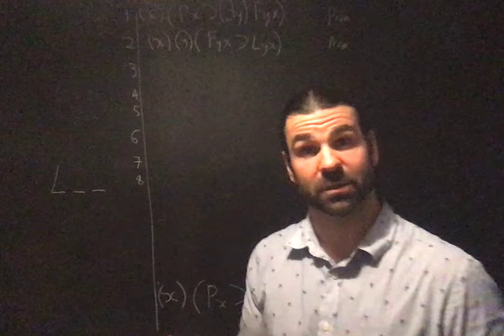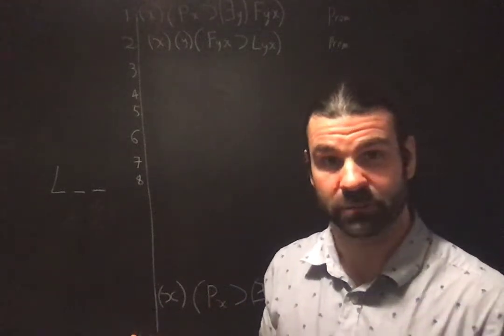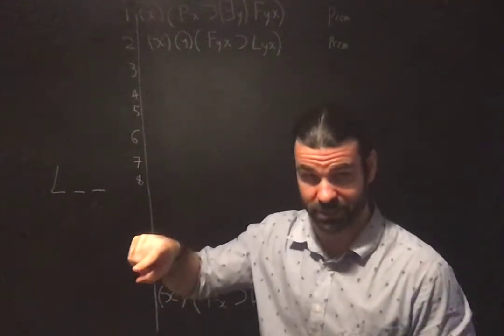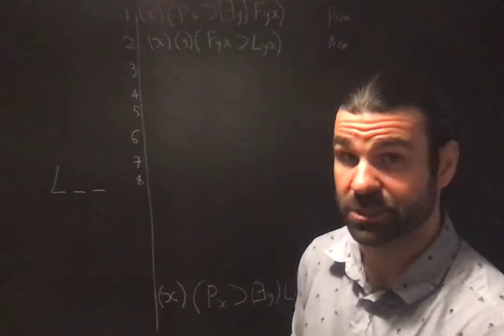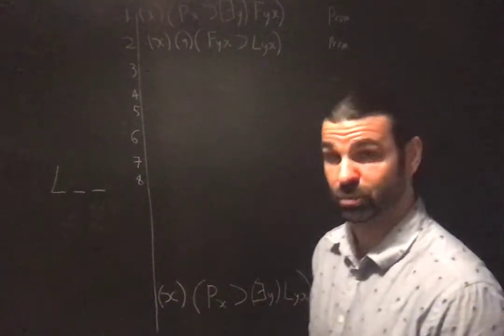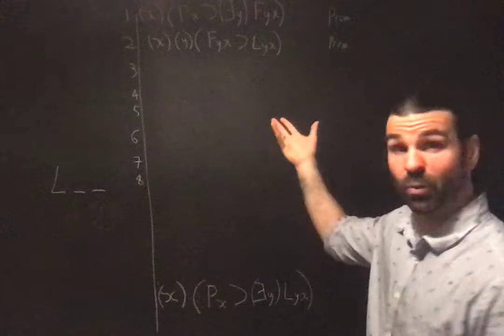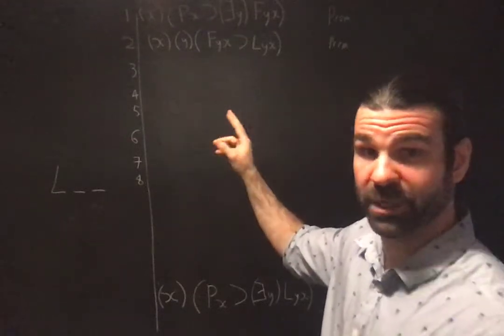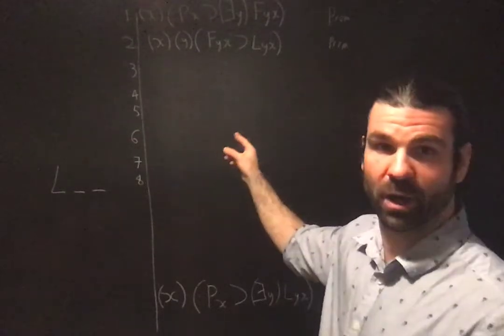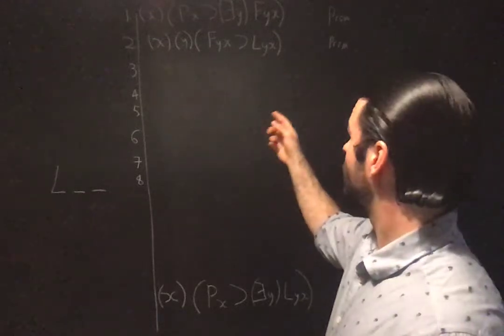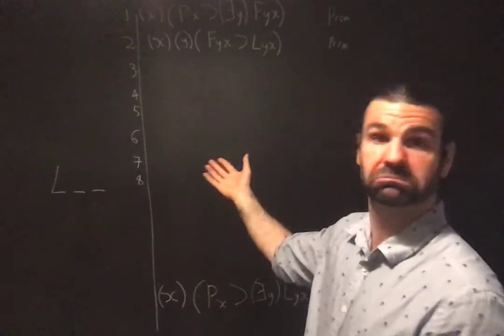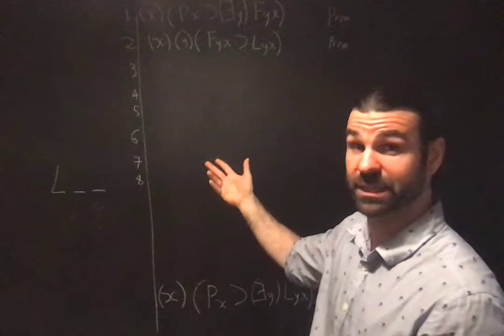Since it's a universal statement, I'm going to universally instantiate from it. The result of universal instantiation from premise 2 will be another universal statement: for all y, F y A or B hook L y A or B, whatever I instantiate to.